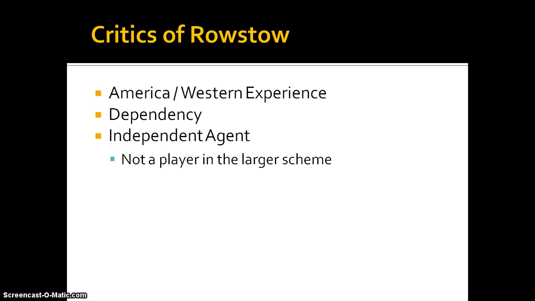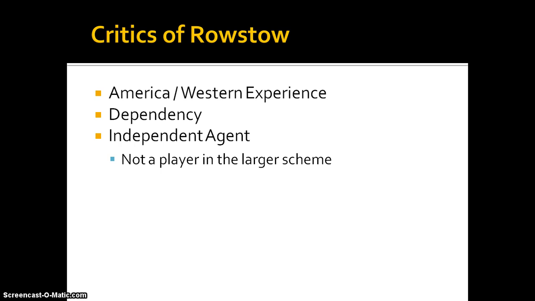Of course, there are always critics. It's always easy to be a critic, right? So there are some critics of Rostow's model, but basically what they say is, well, this model that you developed is almost exclusively based on the American and the Western European experience, so it doesn't necessarily translate to other countries and other parts of the world. They also say it doesn't take into account the dependency that European countries have placed on less developed countries.